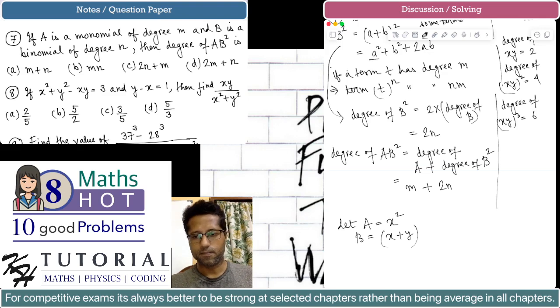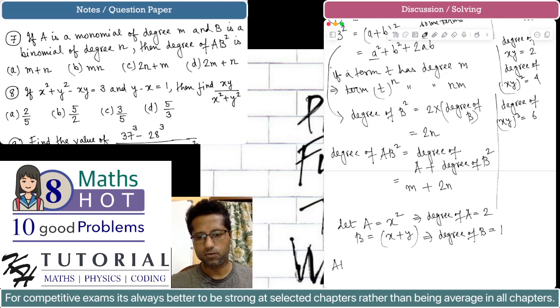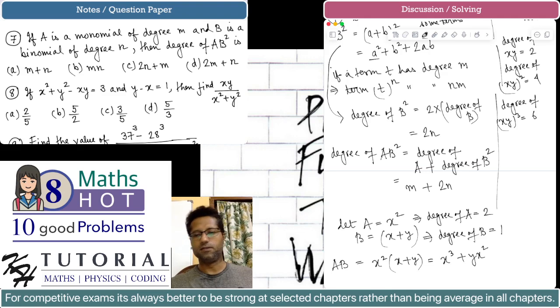So degree of A is equal to 2, and degree of B is equal to 1. Now A times B is equal to x square times (x plus y), this is equal to x cube plus x square y. So the degree of the polynomial x cube plus y x square is 3.